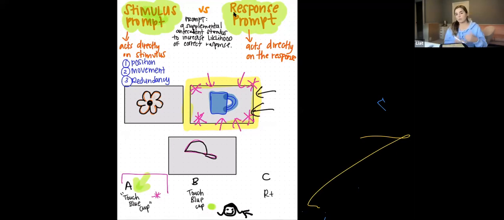But when you get a test question, they're going to tell you about one thing they've done, right? They might say, Liat wanted Danielle to touch the blue cup in the example. So Liat takes Danielle's hand and touches the cup, but also has highlighted the blue cup and put it closer to her to hopefully increase the likelihood she responds. What is the highlighting of the blue cup considered?